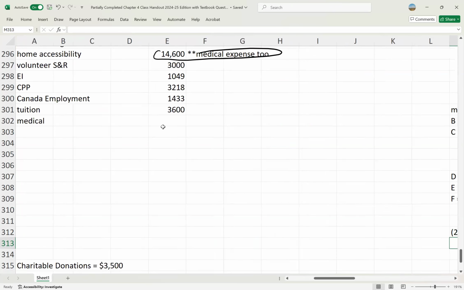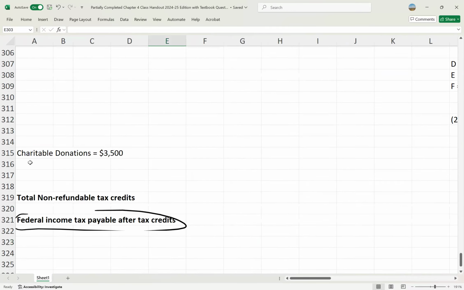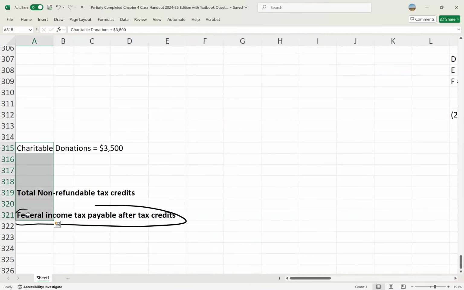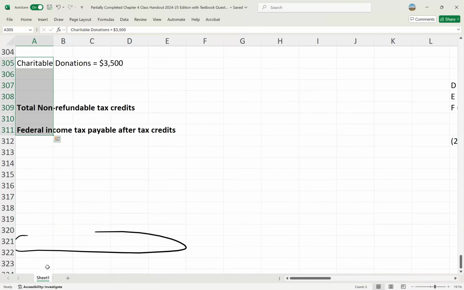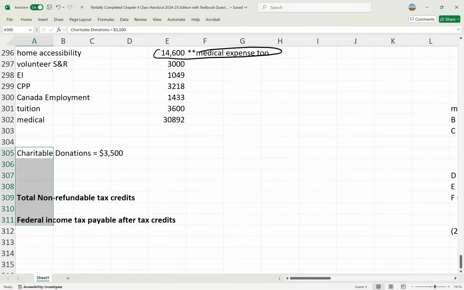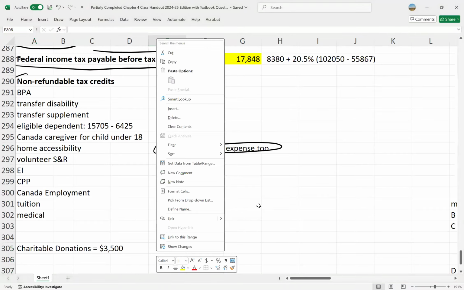Let's move over to our medical, 30,892. Now we still have to do the donations, so I haven't forgotten about the donations. I'm just going to bring all this up a bit since we have all this extra room here. So let's add up our base amount.